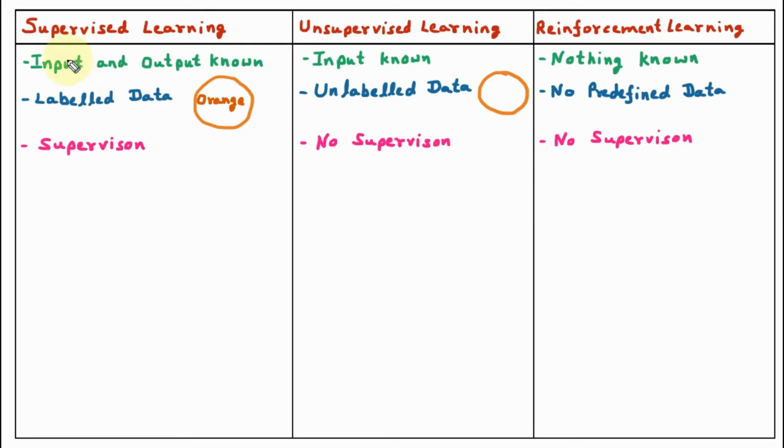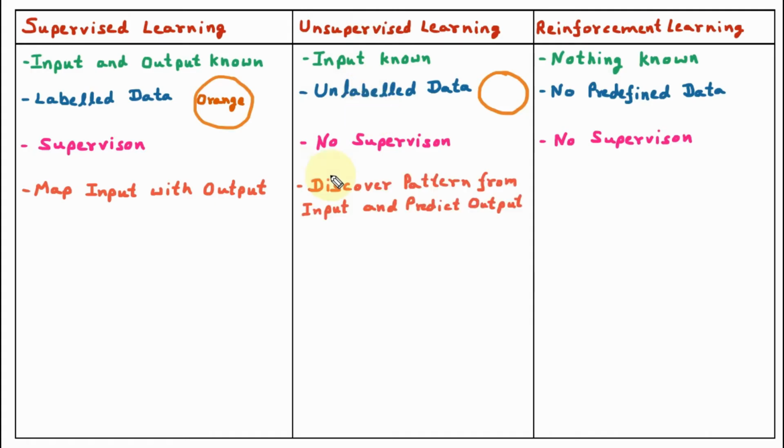In supervised learning, we map input with output. Here we know both things, input as well as output, and the input is labeled data. So here we are just mapping the input with the known output. In unsupervised learning, we discover patterns from input and predict output. Here the input is known but the output is not known.